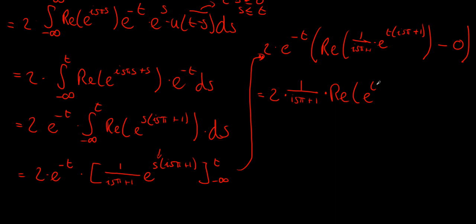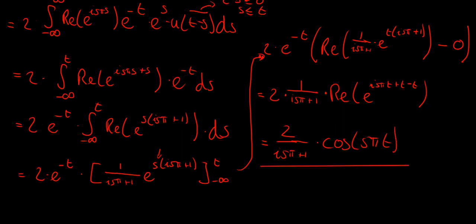Well, actually, let's work out the brackets, because we get what? i 5 pi t plus t, but if we add the minus t again, we get minus t here. So these actually cancel each other out. And because we have taken the real part, we can rewrite it back to a cosine. So we will get in the end our answer of 2 divided by i 5 pi plus 1 multiplied with a cosine of 5 pi t. So we finally get our answer. Yes.